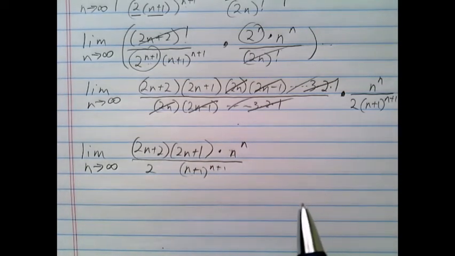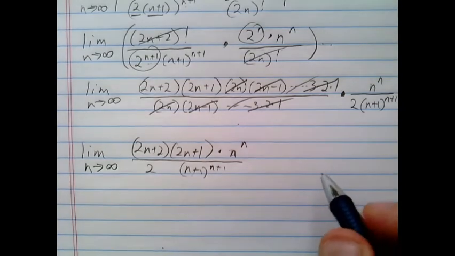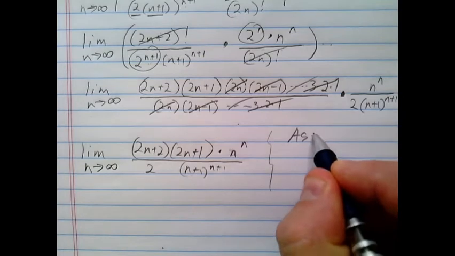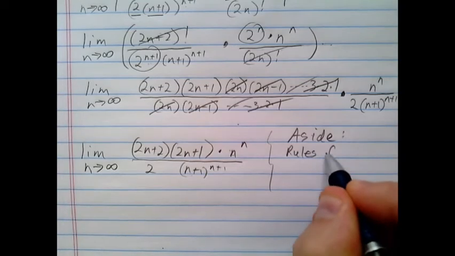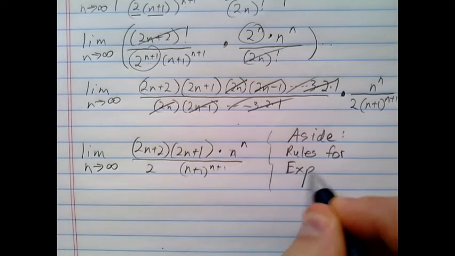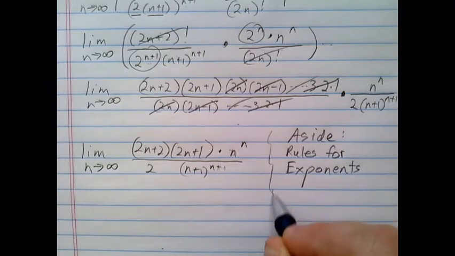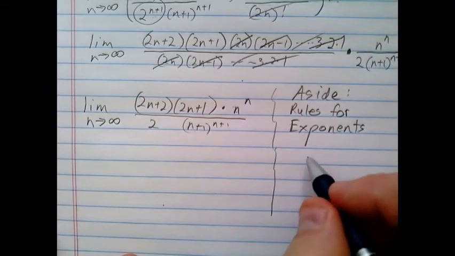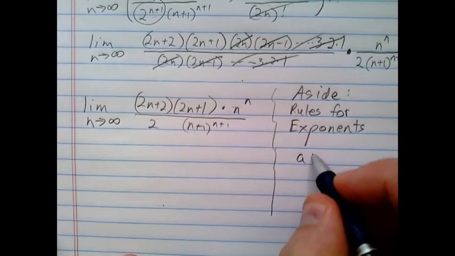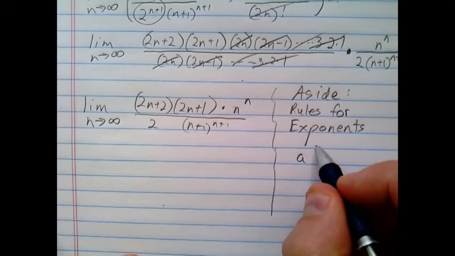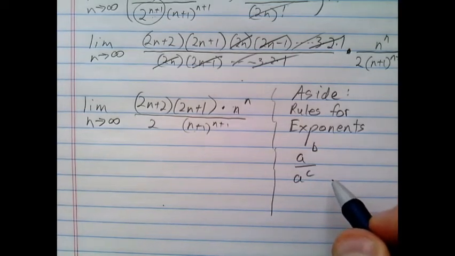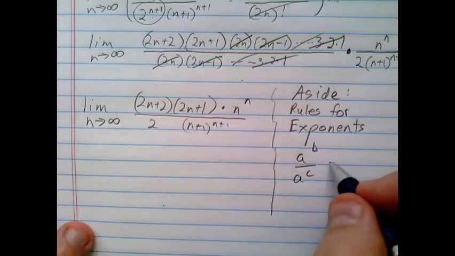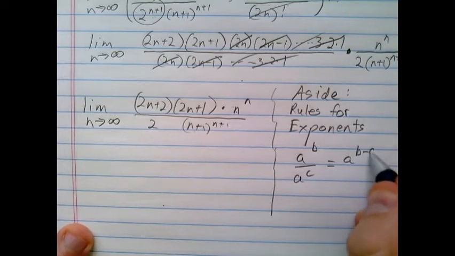I have some rules for exponents that I can use. Kind of an aside here. Rules for exponents. One rule says that if the bases match and I have different powers, like a to the b over a to the c, then I can just subtract the powers.